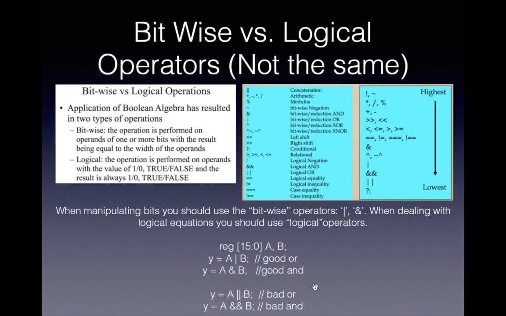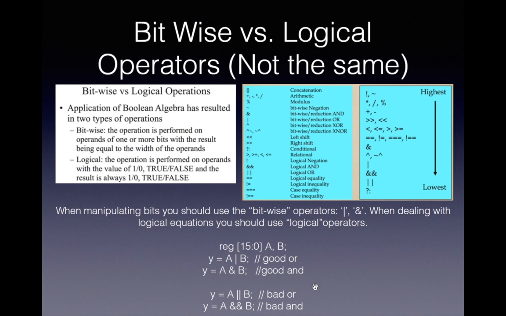So first of all, keep in mind that the operators are not just Verilog operators. They are the same as you'll encounter in Java and C. Some of them are applicable, some aren't totally, but the ones I want to address are. So, bitwise versus logical. Verilog has two different types of operators.